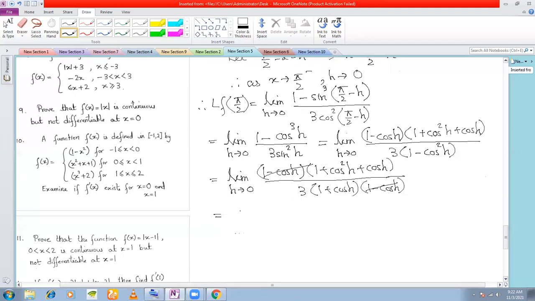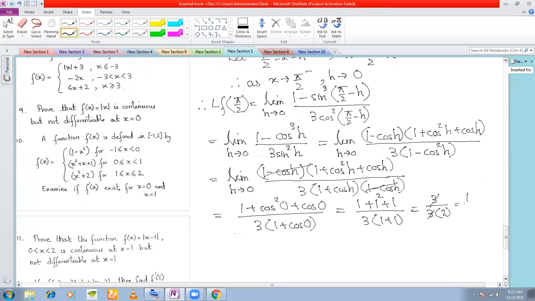Yes, if we put h is equal to 0, we are going to get a determinate form. So 1 plus cos square 0 plus cos 0 divided by 3 into 1 plus cos 0, which is equal to 3 by 3 into 2. You're getting this as half.